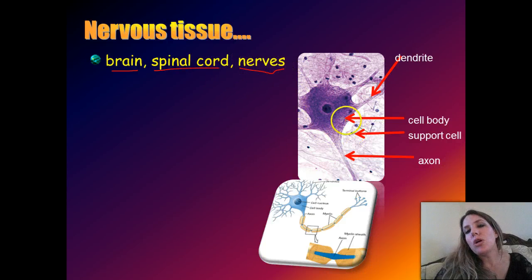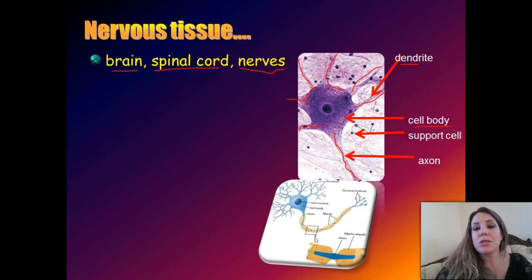A typical neuron is going to have a large part here called the body. Okay, so that is the cell body of your neuron. And little projections off of that body are going to receive signals from other neurons. Those are called your dendrites. And then there will be a long branch coming off of there that will meet up with either another cell or muscle tissue.